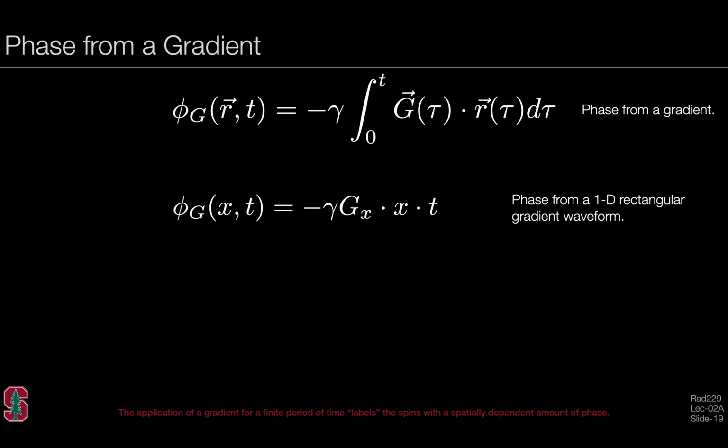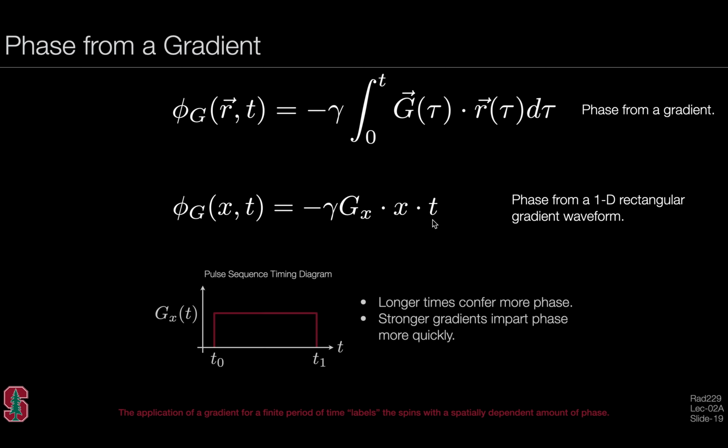And if we integrate or follow that frequency for a certain period of time, then we'll arrive at a phase angle. If it's just a 1D rectangular gradient waveform, that is, we turn a gradient on, we turn a gradient off, then this expression simplifies to just being the gradient amplitude that's applied, how far away you are from isocenter, and then the time interval that you specifically care about.